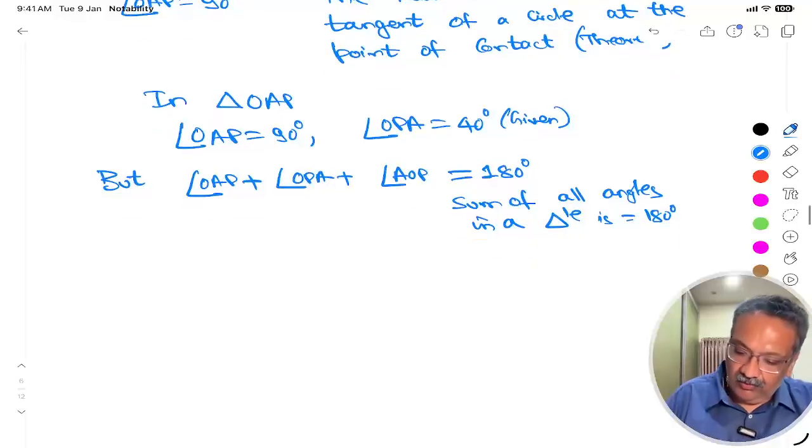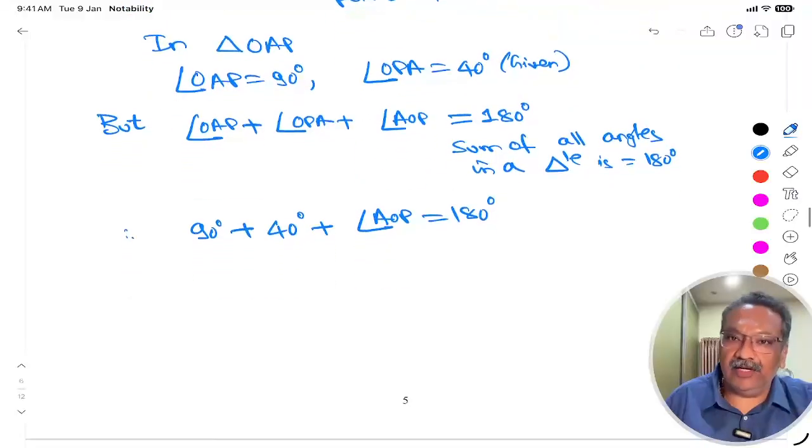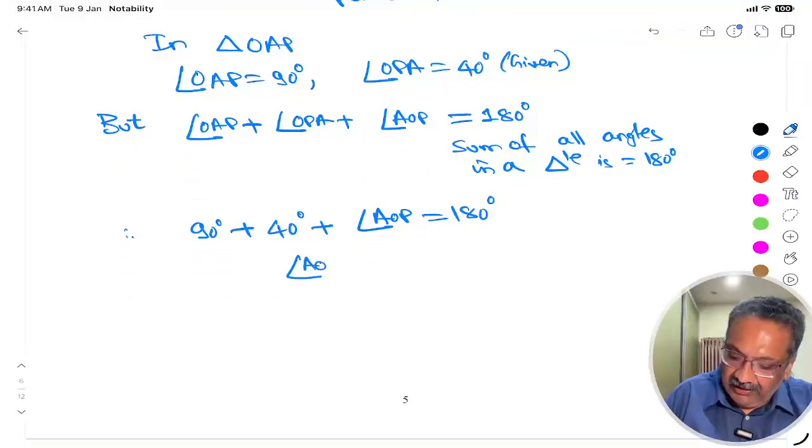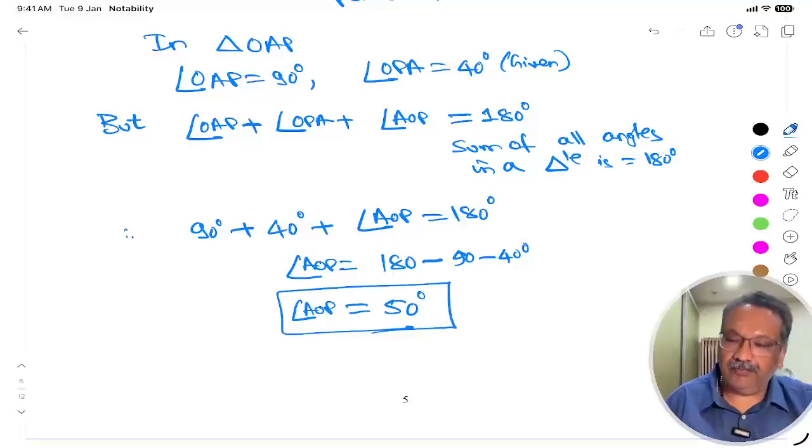So we have OAP is 90 degrees, plus OPA is 40 degrees, and we have to find angle AOP, total is 180 degrees. Therefore, angle AOP is equal to 180 minus 90 minus 40 degrees. Angle AOP is equal to 50 degrees. This is the answer.